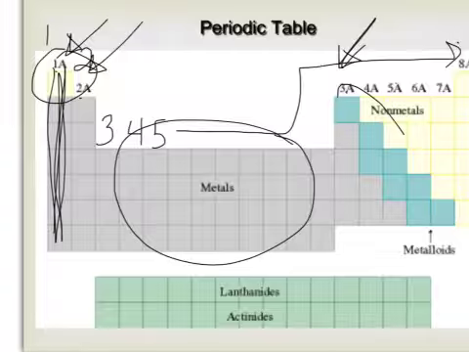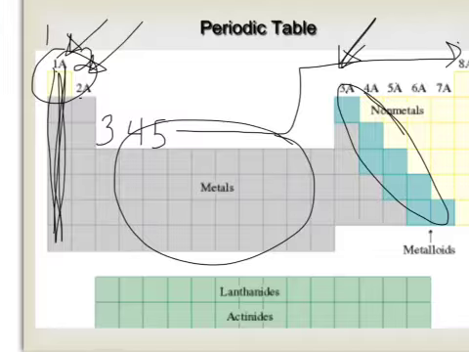Also seen here in this aqua color are called the metalloids or the semimetals. They straddle a staircase. Let's see if I can kind of draw this in here. They're the elements that have both metallic and non-metallic properties.